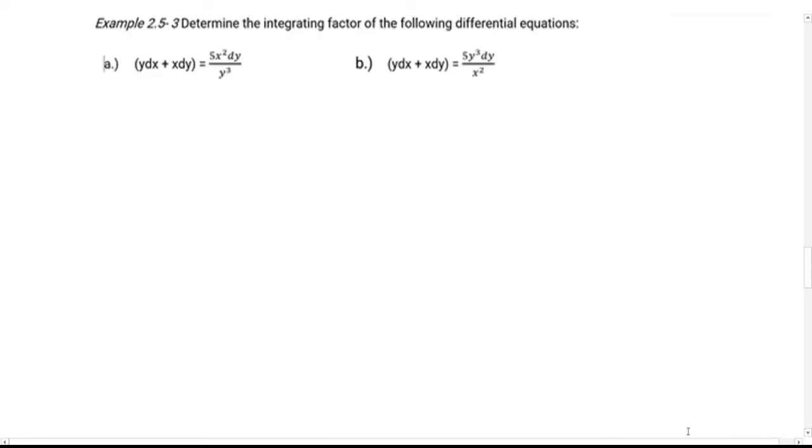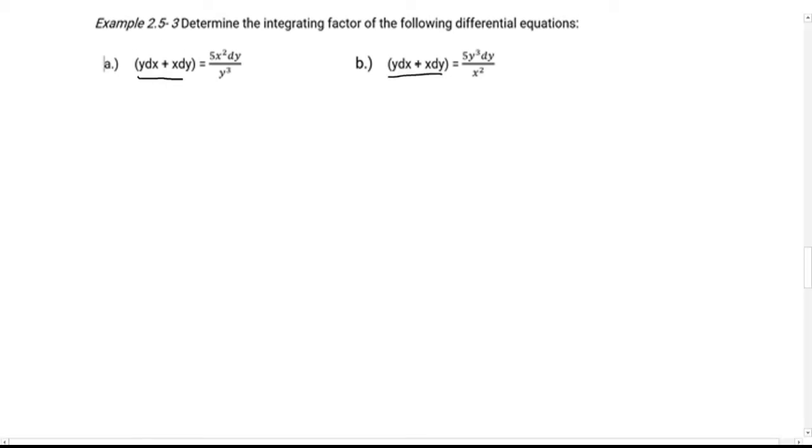As observed in our examples 1 and 2, one important step in finding the solution is the determination of the integrating factor. So let's practice determining it. Example 3. Determine the integrating factor of the following differential equations. The two equations here have the same terms on the left side.